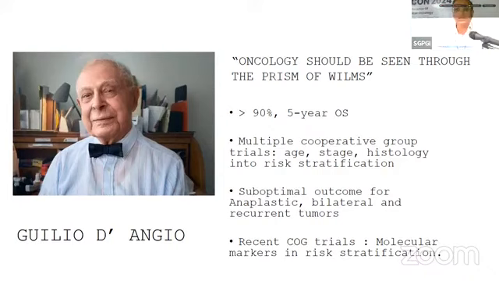COG now includes loss of heterozygosity at 1p and 16q to identify those favorable histology Wilms tumors where we need intensification of chemotherapy.